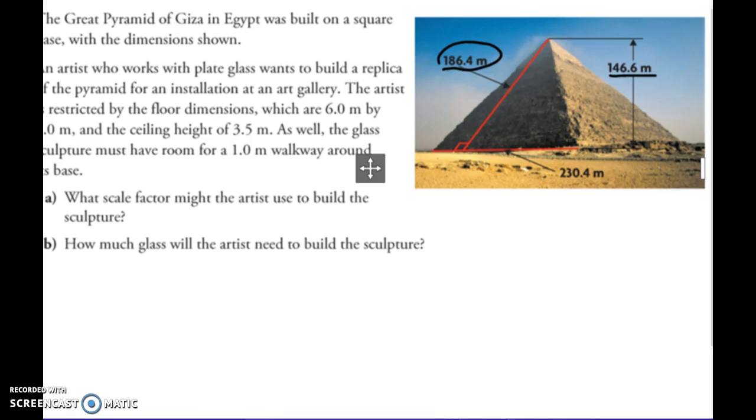The artist is restricted by the floor dimensions, which are 6 meters by 6 meters and a ceiling height of 3.5 meters. As well, the glass sculpture must have room for a 1 meter walkway around it. What is the scale factor the artist might use to build this sculpture?